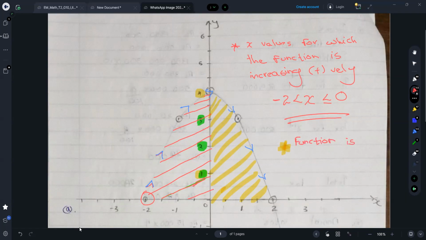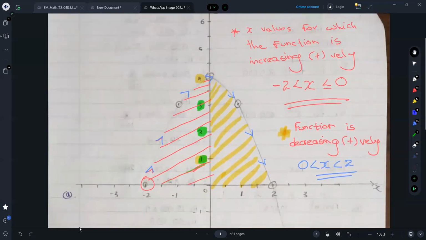The function is decreasing positively. I can write from 0 to 2. Decreasing positive. 4, 3, 2, 1, 0.